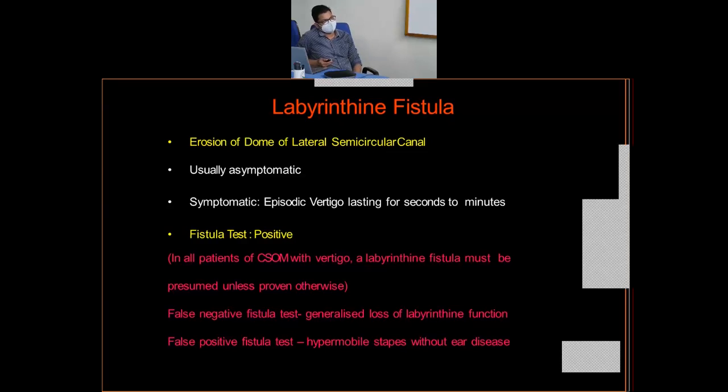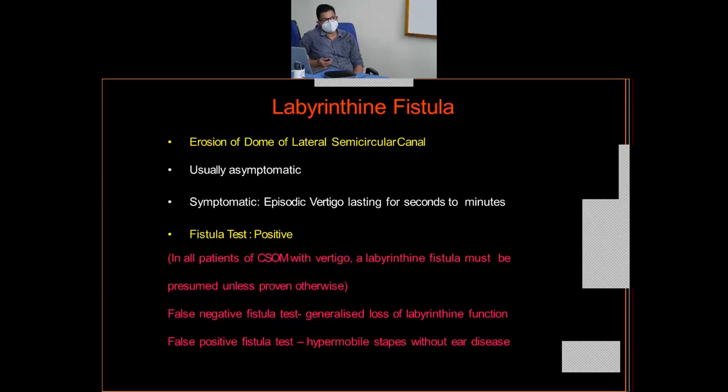That is the labyrinthine fistula. Usually it's asymptomatic, but when the patient presents with symptoms, it will be episodic vertigo lasting seconds to minutes. Anything hampering labyrinthine function will cause vertigo. That is common sense.